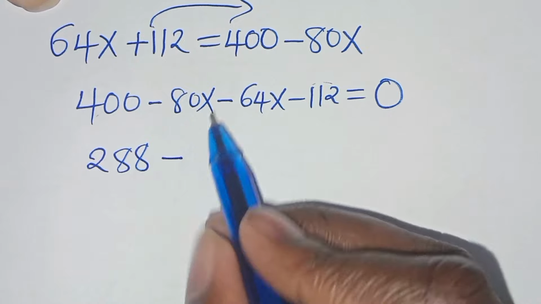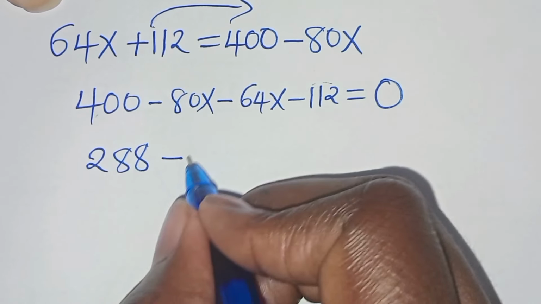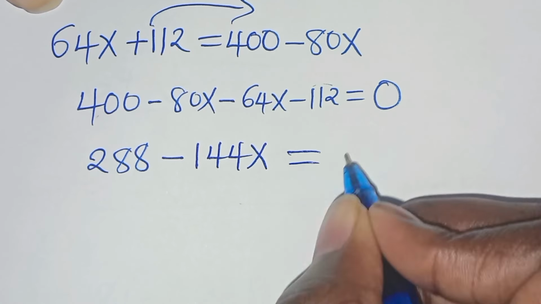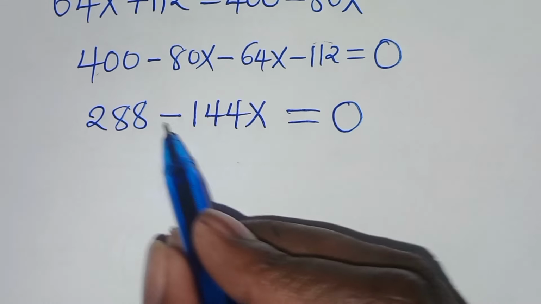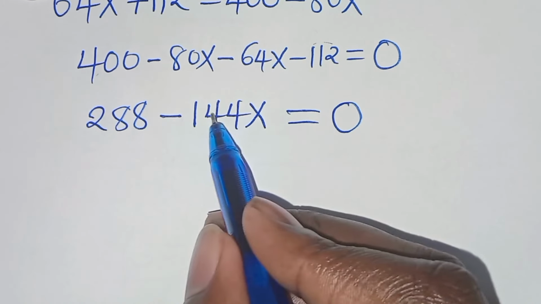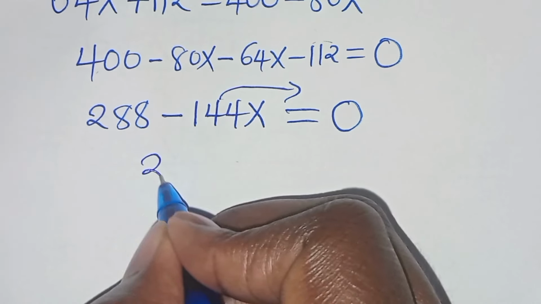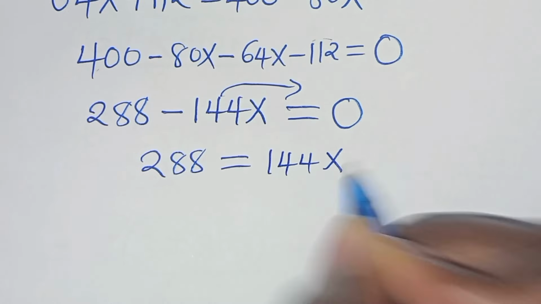Then subtract 80x minus 64x. This is equal to minus 144x. This is equal to 0. So from here, let's take minus 144x on the right hand side, so that here we have 288. This is equal to 144x.